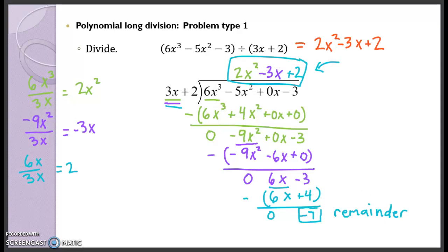So plus a negative 7 is going to become minus 7 over 3x plus 2. And that will be our answer.